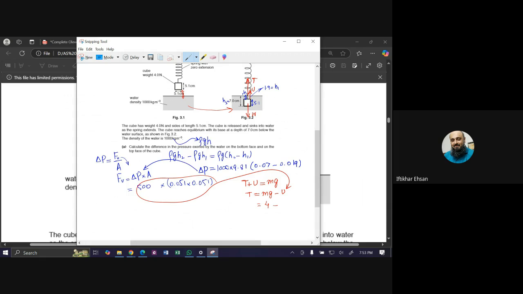Clear? And as it has gone 7 centimeter below, let us find the total extension. From total extension, we will subtract this 7 centimeter. The remaining will be the height above this. And for that, we are going to find the extension.